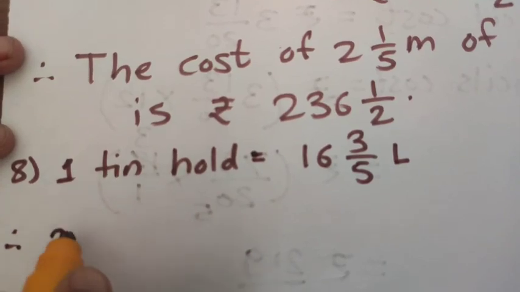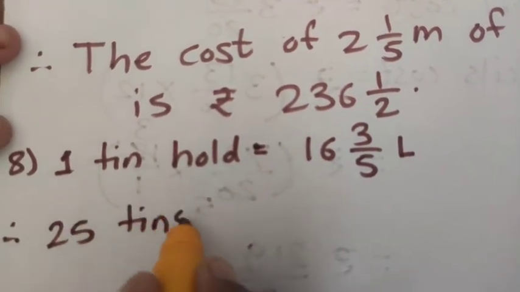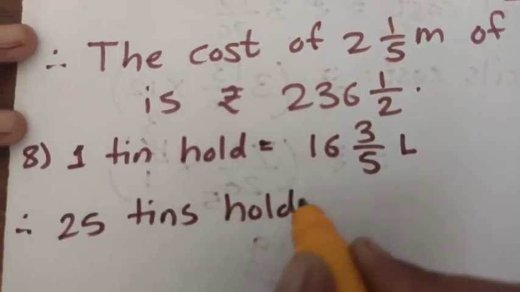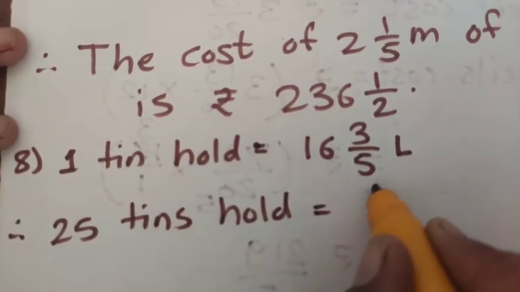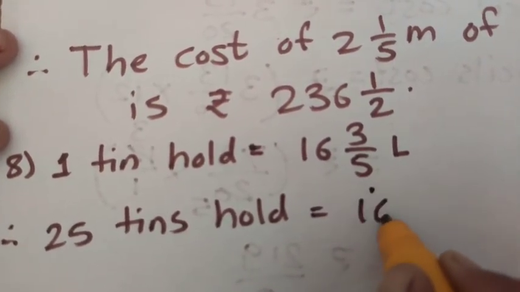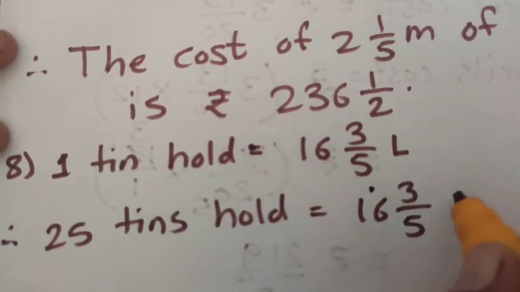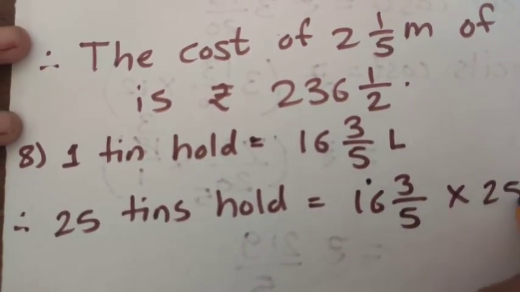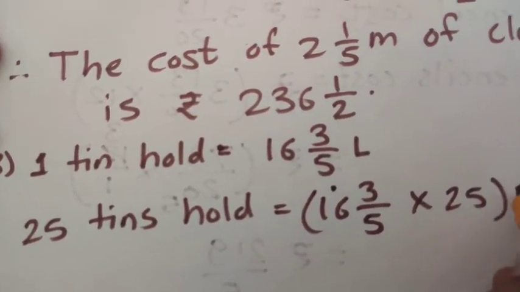Therefore 25 tins hold is equal to 16 integer 3 by 5 into 25 liters.